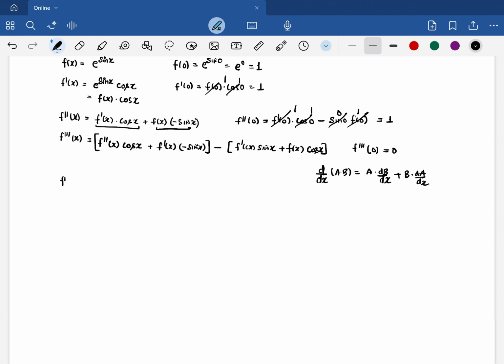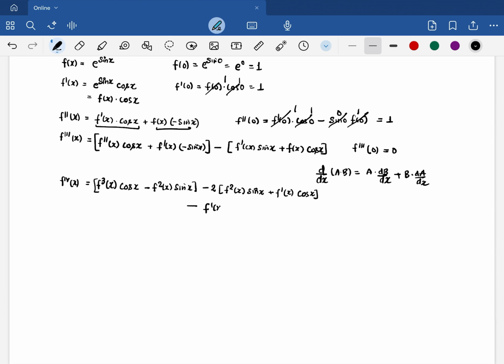Simultaneously, the fourth derivative is f3 of x, where f3 means the third derivative, times cos x, minus f2 of x times sin x, minus 2 of f2 of x and sin x, and f of x into cos x, minus, now let's talk about this portion.